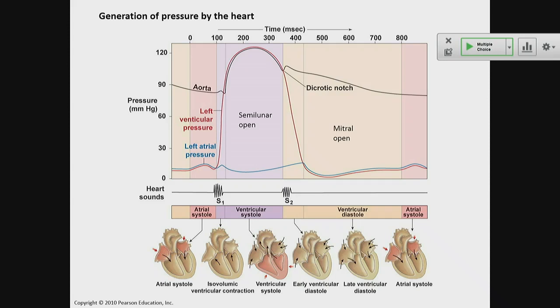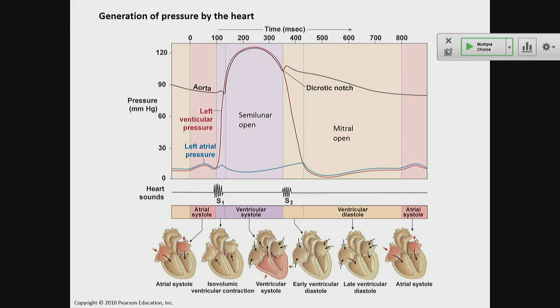So the line in red now is the ventricular pressure. During the diastole, it's very low. And then once the heart muscle starts contracting, the pressure becomes very high. And during the relaxation of the heart, it drops down again. Okay?